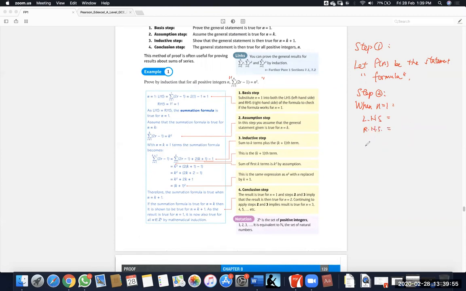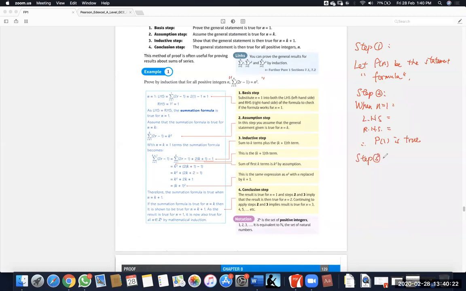And then you say that, therefore, the statement or the formula is true for n equal 1. So many words here. What you can write down is: P(1) is true. This replaces this sentence. That's step 2.